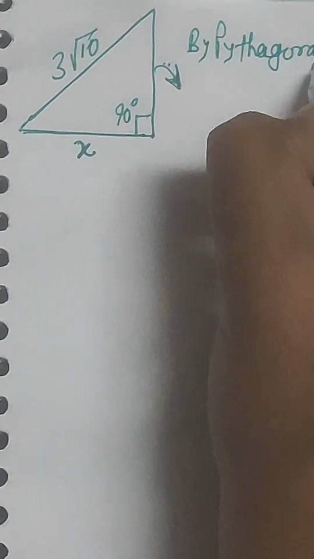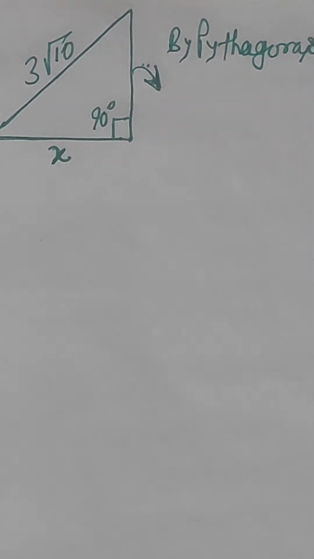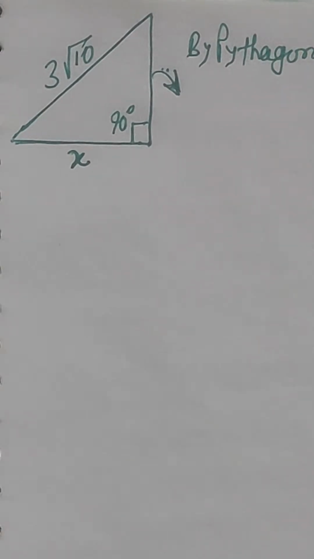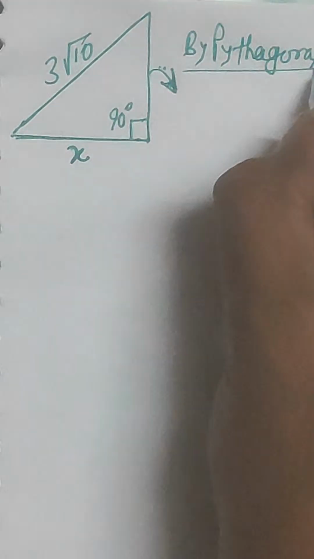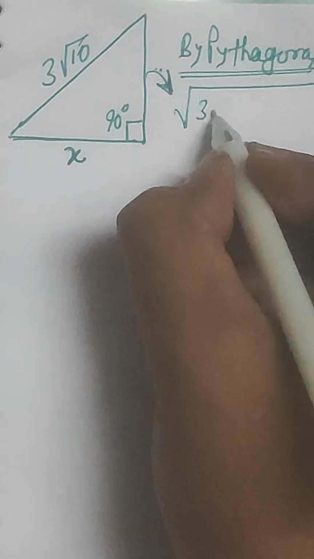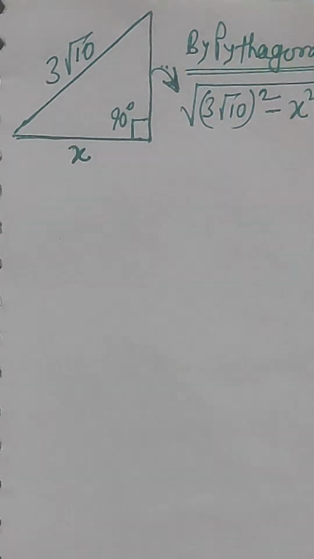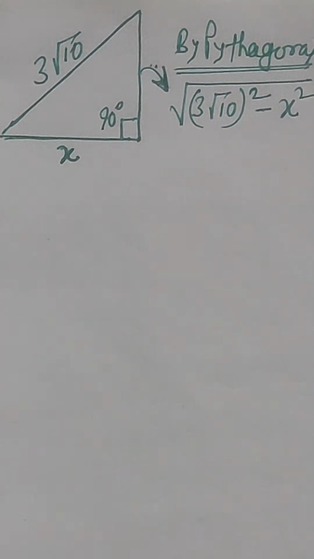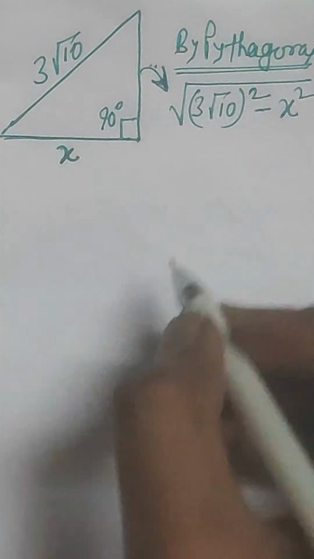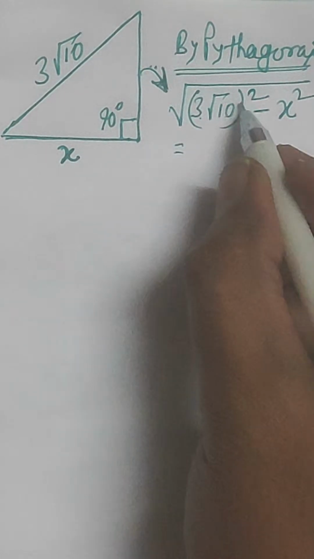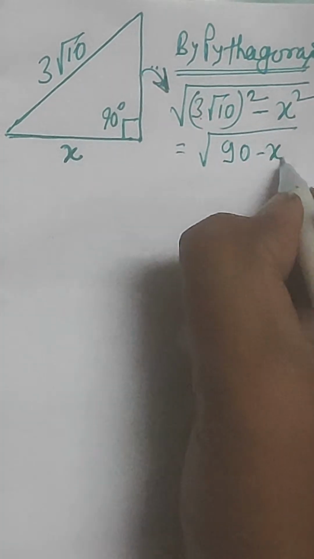By Pythagoras theorem, the length of this perpendicular is root over of 3 root 10 whole square minus x square, which can be written as 3 square is 9, root 10 square is 10, 9 into 10 is 90, minus x square. So root over of 90 minus x square is the length of the longer side.